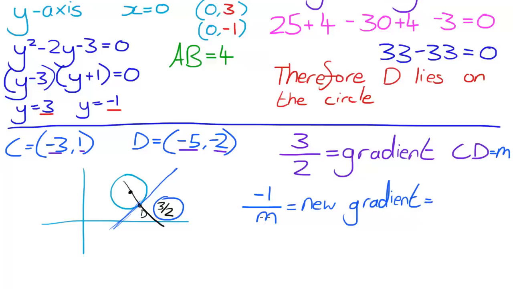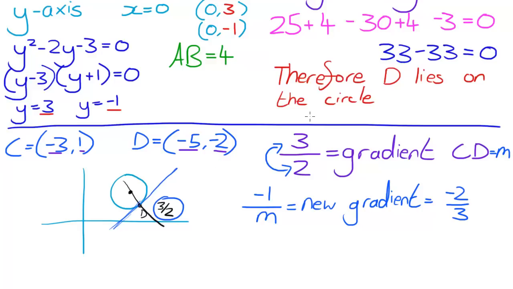So how do we do that? Well, put the 3 over 2 where m is, or alternatively, put a minus on the front and flip these two around, so that we're going to get minus 2 over 3. That's how I learned it. Put a minus on the front and flip it over, or put 3 over 2 down there and do the algebra. So we have our new gradient, we have our point D.